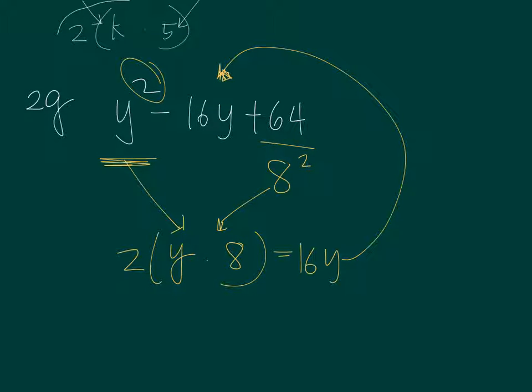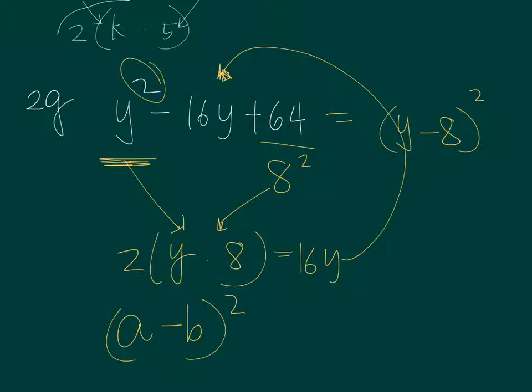Now in the previous example, it was a plus middle term, this time it's a minus middle term. So it's simply the counterpart. Instead of a plus b squared, this is coming from an a minus b squared expression. So to factor y squared minus 16y plus 64, this will be parentheses squared, with the first term the square root of y squared, and the second term the square root of 64, which is 8.